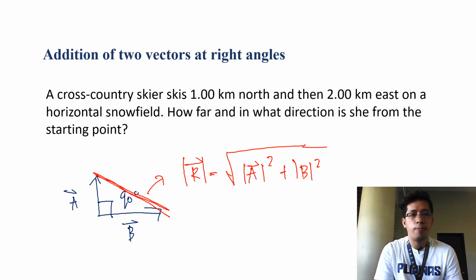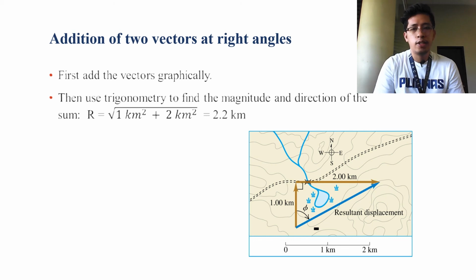Consider this example here. A cross-country skier skis 1 kilometer north and then 2 kilometers east on a horizontal snowfield. How far and in what direction is she from the starting point? If you're going to draw that, the skier skis 1 kilometer to the north here and then 2 kilometers to the east.